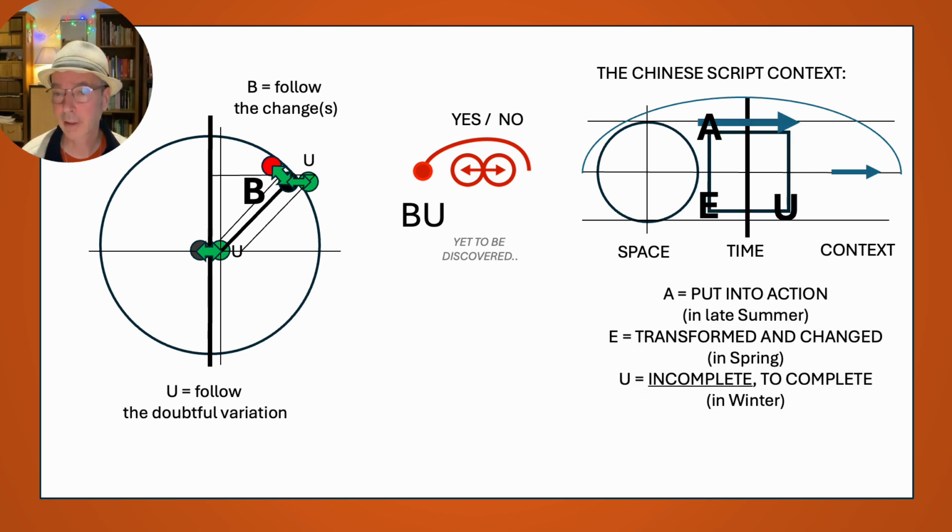And if we compare it, the vowels are basic orientations. The A is our starting point to put something into action. And if we put that into the 4 seasons, in the middle you have this square with the 4 seasons. The A is our activity that we start, mostly in late summer or in harvest.